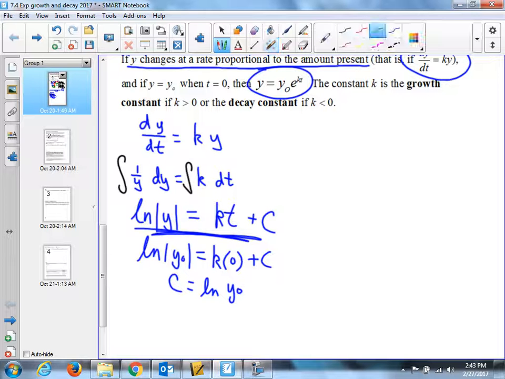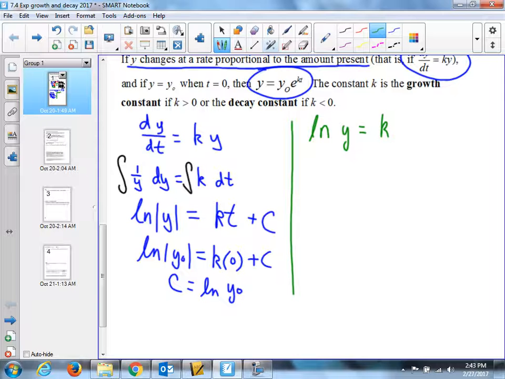I'm only going to change colors just so you can tell one line from the other. The natural log of y. You'll know whether or not that's appropriate to drop. Kt plus, I'm replacing c with the natural log of the initial value. Why not?